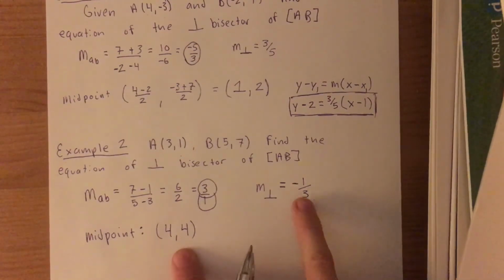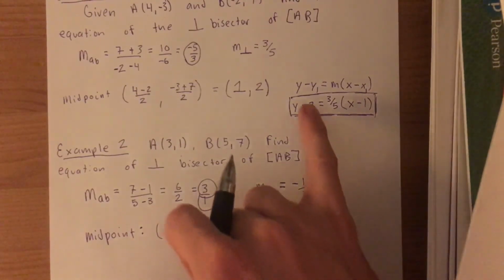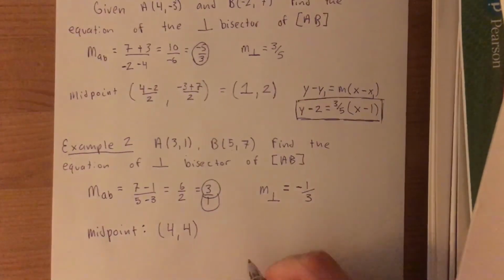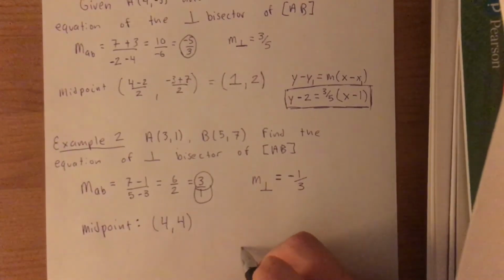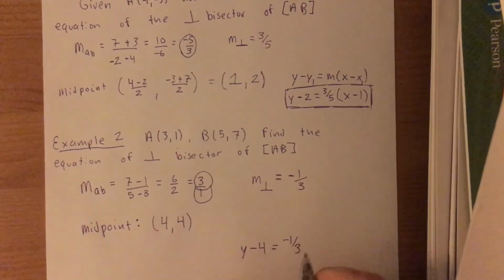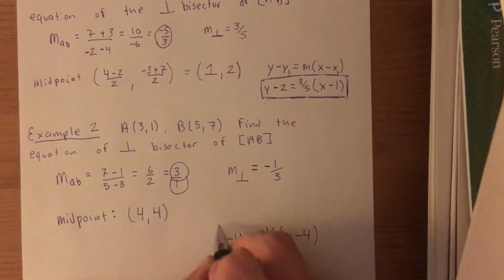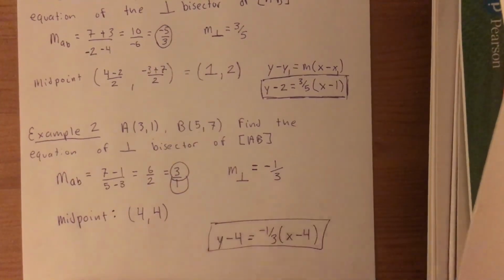So now once we have our perpendicular slope and our midpoint, we're ready to substitute into point gradient form up there. And we can say, y minus 4 equals negative 1/3 times x minus 4. And we are good to go.